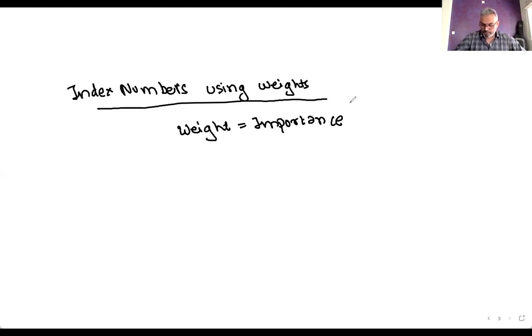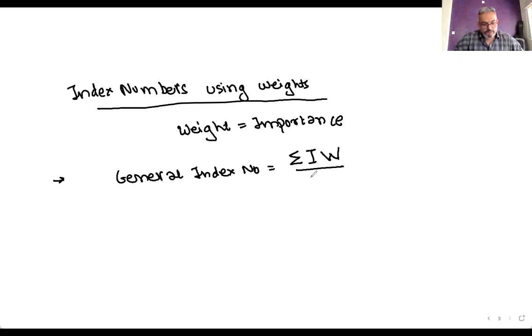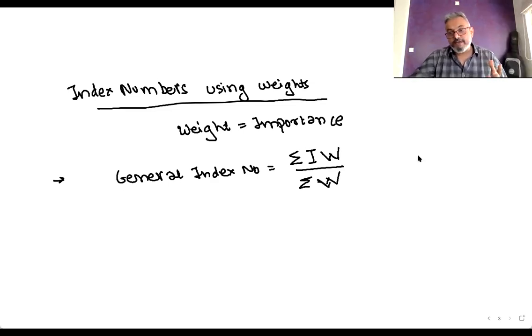Now, the first index number given over here is known as general index number, which is equal to sigma IW upon sigma W. You have already seen weighted mean, a similar concept.